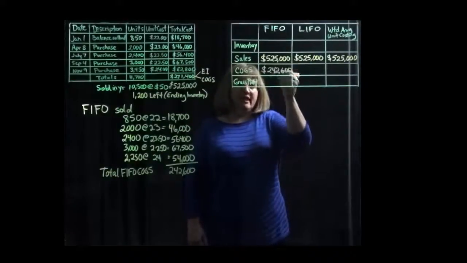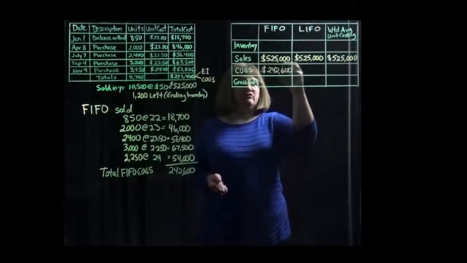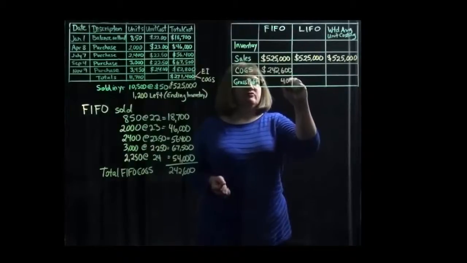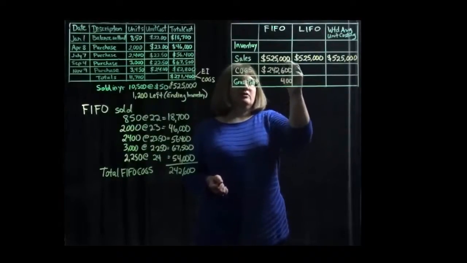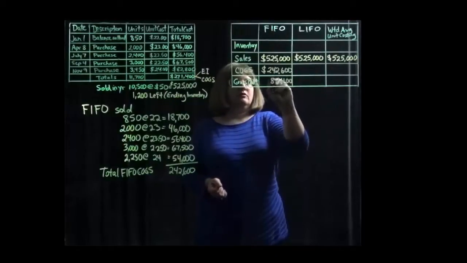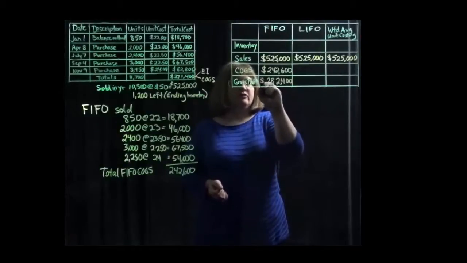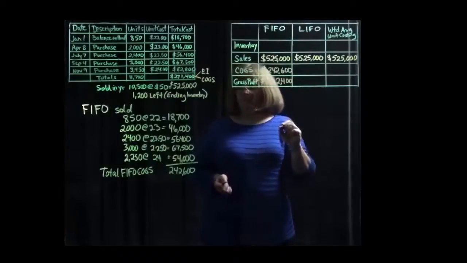And notice then we can calculate our gross profit. Our gross profit is simply sales minus cost of goods sold. So if we subtract the cost of goods sold using FIFO from the sales, we're going to get $282,400 as our gross profit.